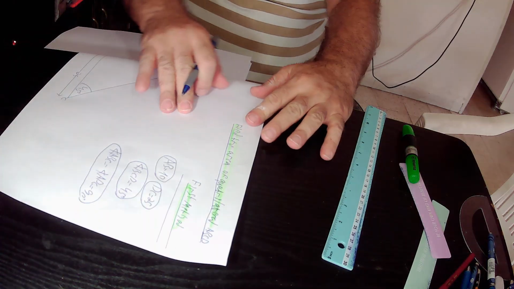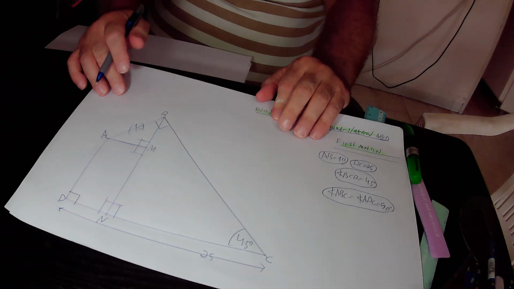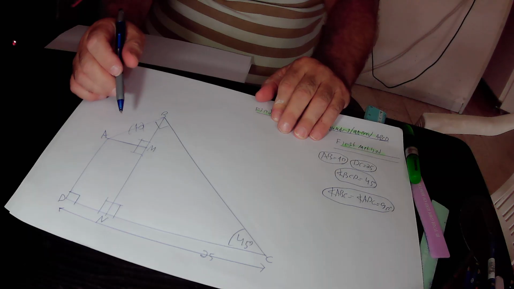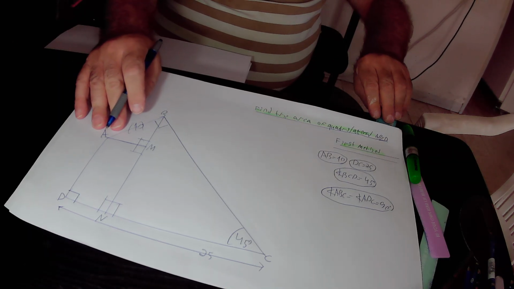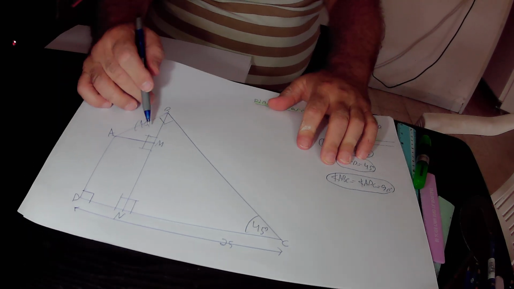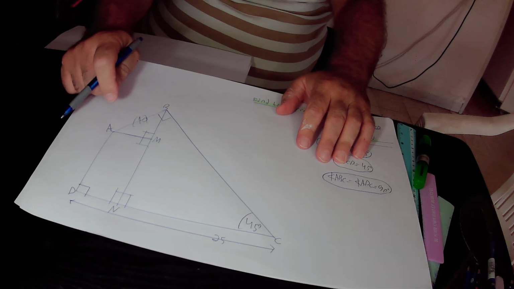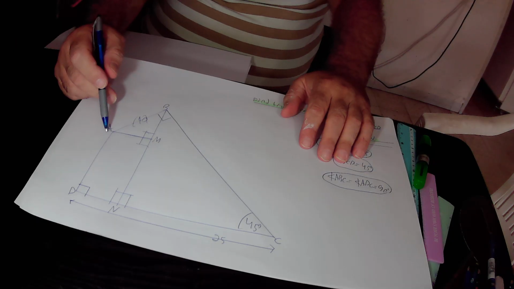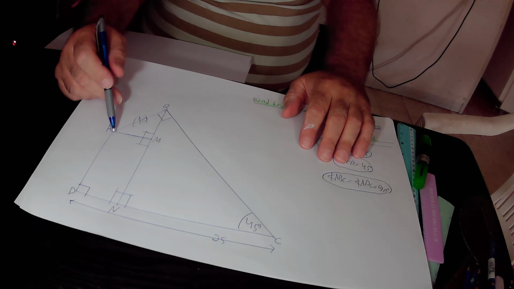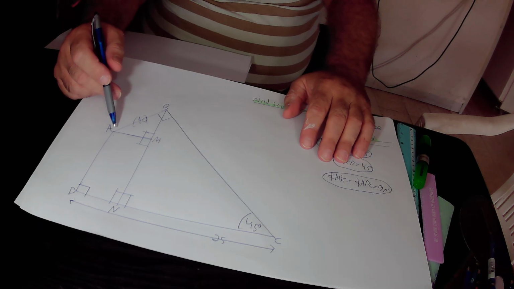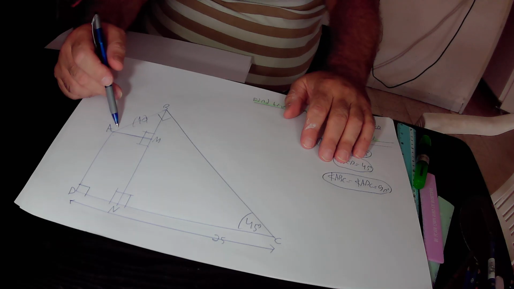By doing this construction, we get the quadrilateral AMDN. In quadrilateral AMDN, we have 1, 2, 3 right angles. The sum of 3 right angles is 270 degrees, so 270 degrees plus the size of this fourth angle must be equal to 360 degrees, according to the rule that the sum of the angles in any quadrilateral is equal to 360 degrees.